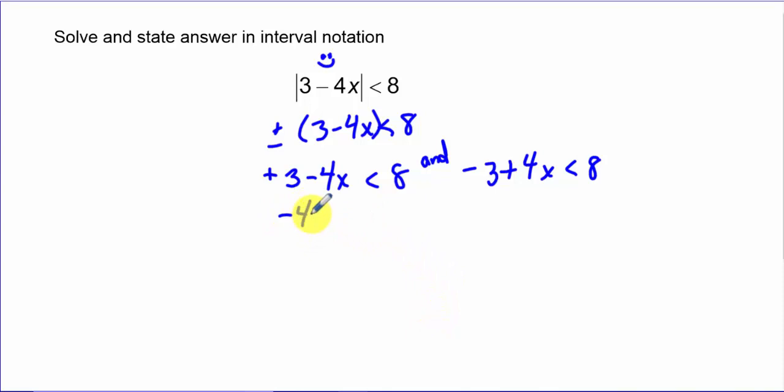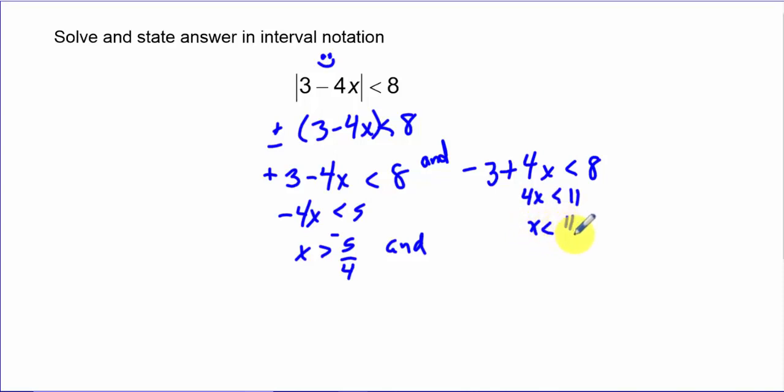All right, I have negative 4x, I have 5x greater than 5 over 4 of the negative type. And, important to have the and, because it's going to tell me what to do in the end. 4x less than 11.